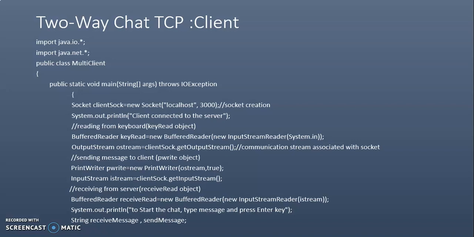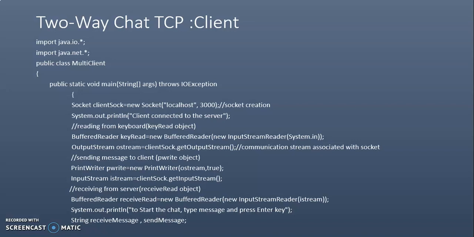Now the second stage is your communication part, and for the communication part you are reading some data, and this data is taken through the socket and is written to the output stream, so that it can be taken to the other side.